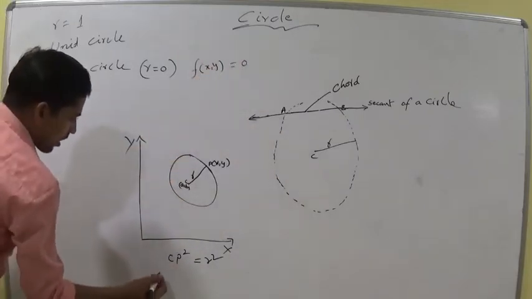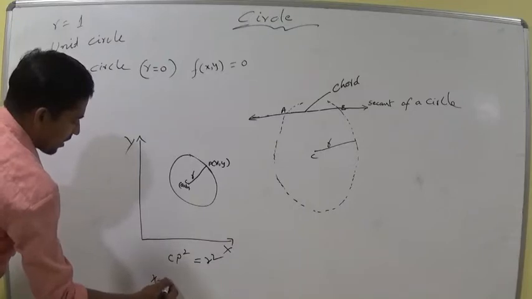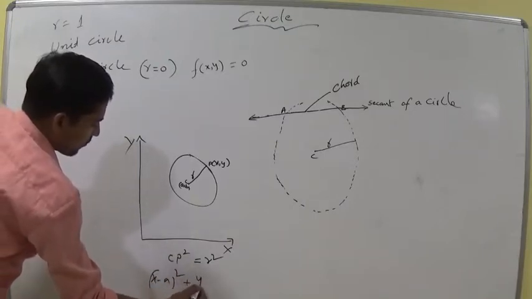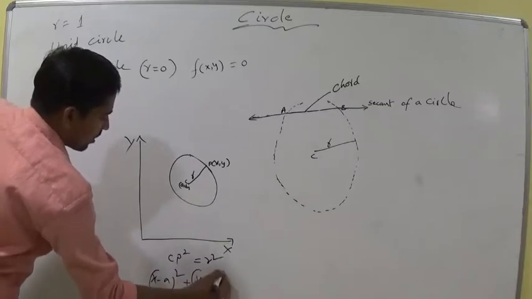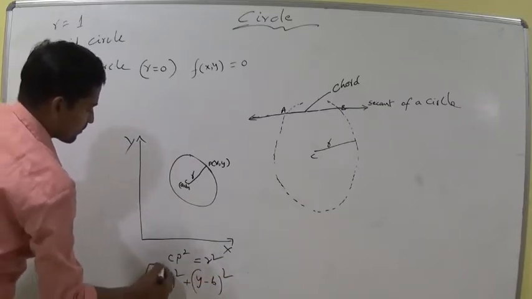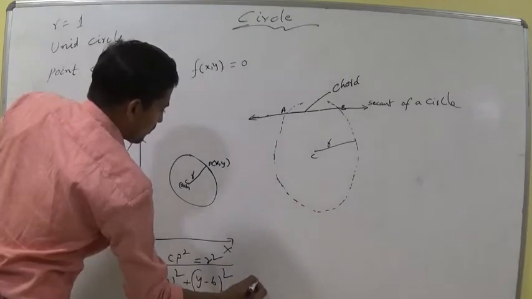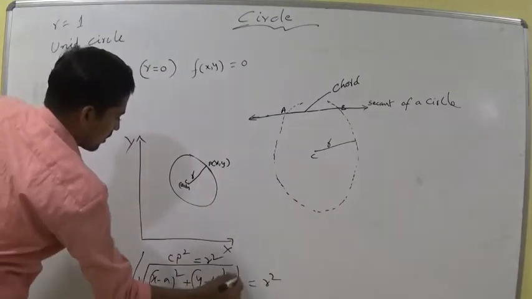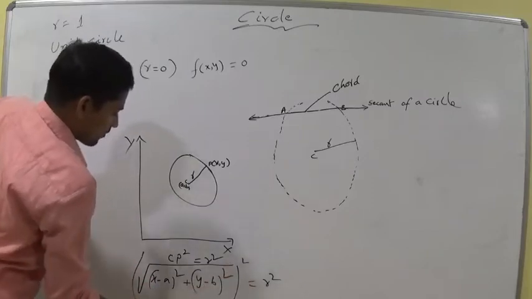So x minus a whole square plus y minus b whole square equal to R square.